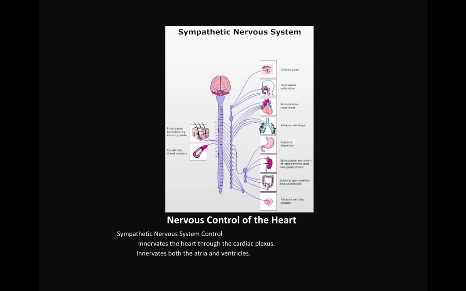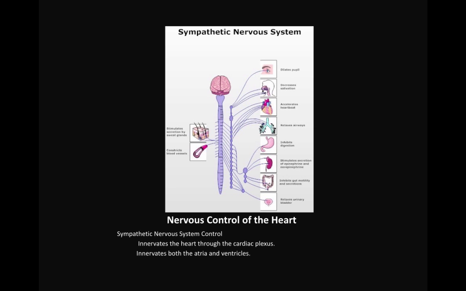When we talk about managing, it's good to know, but it's not like you can't function if you're not well versed in the sympathetic nervous system, or in knowing where all these innervations occur.